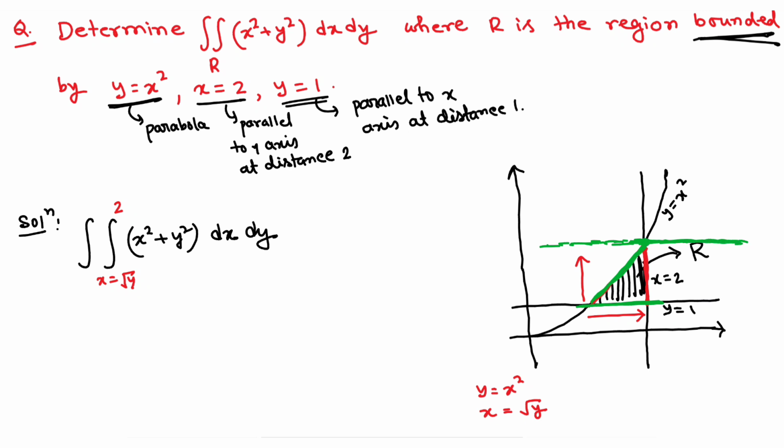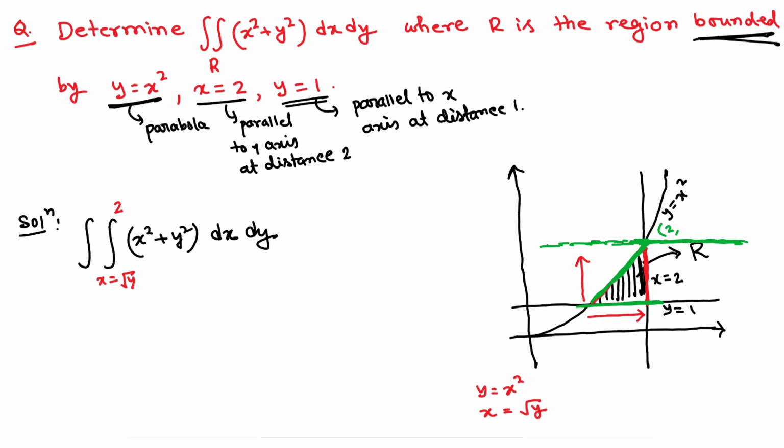Here this point is x equals 2, so obviously this point will be 2. So what will be the equation of the straight line? X equals 2, yes or no?